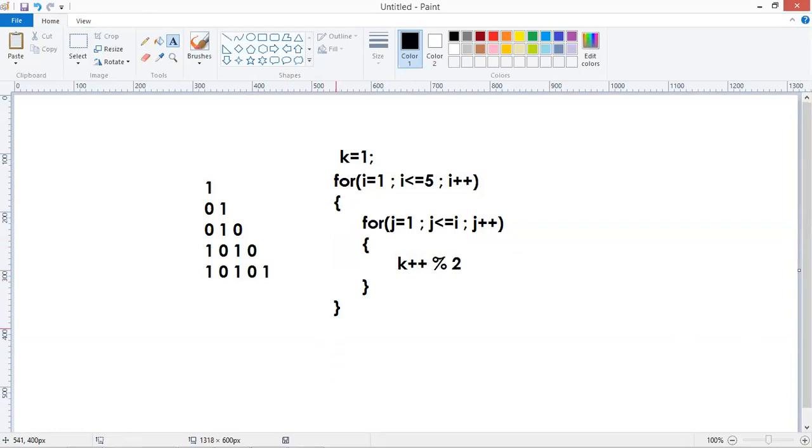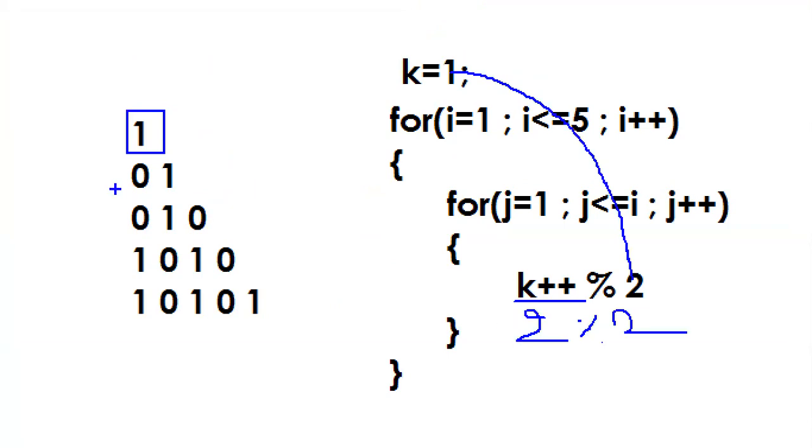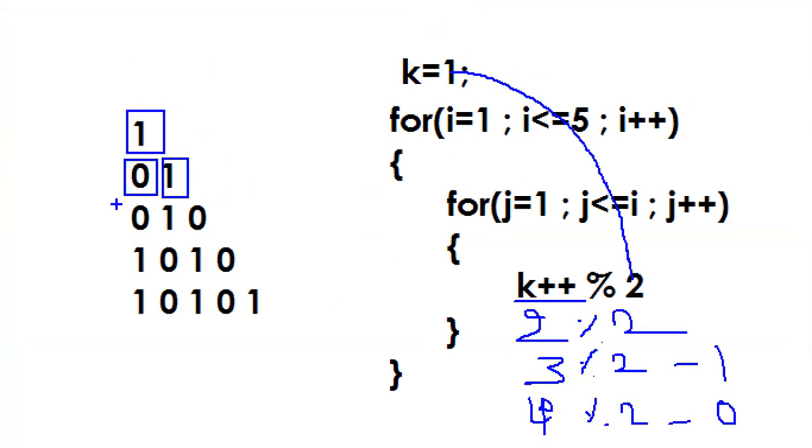Why? Because what is the k value first? 1. 1 mod 2 is not divisible, so 1 only. Post increment, so next k value becomes 2. 2 mod 2 is 0. Next k value becomes 3. 3 mod 2 remainder is 1, so 1 will give. Next k value 4, 4 mod 2 is 0.